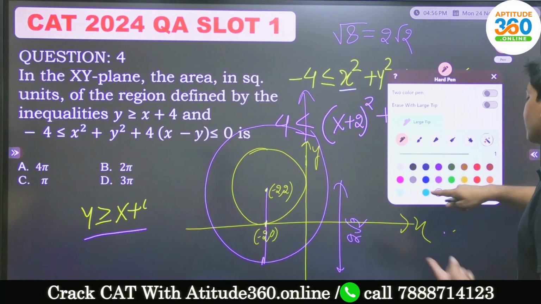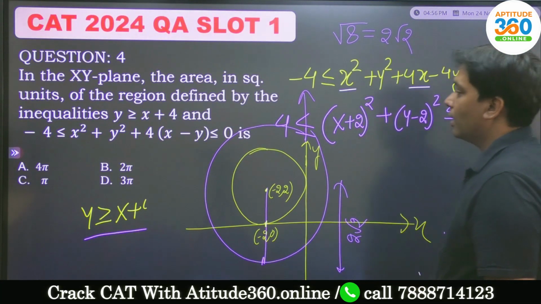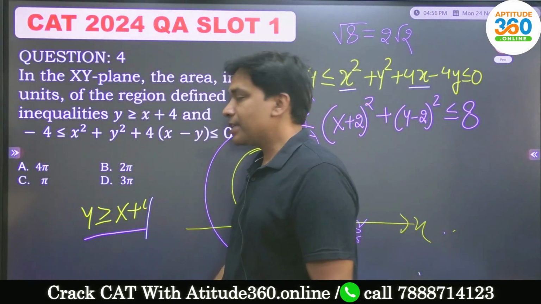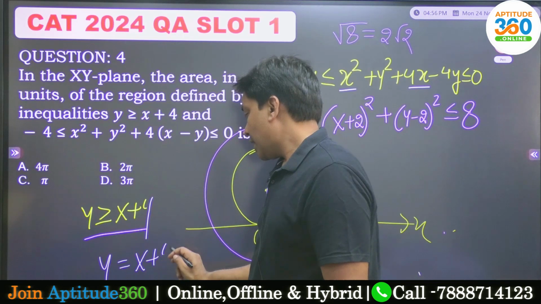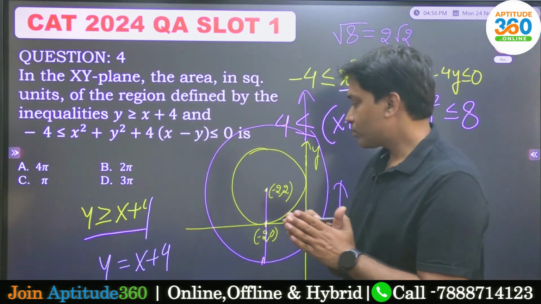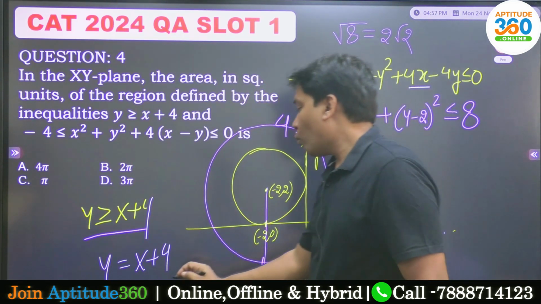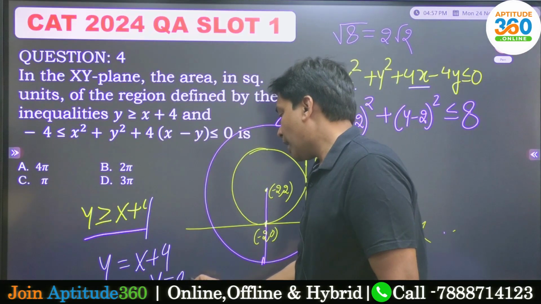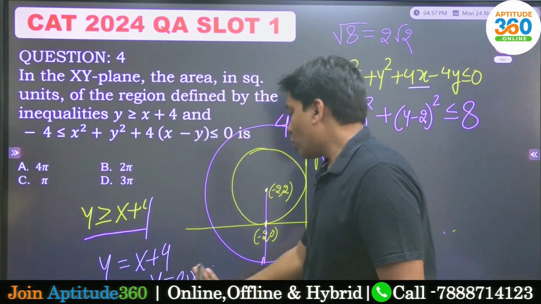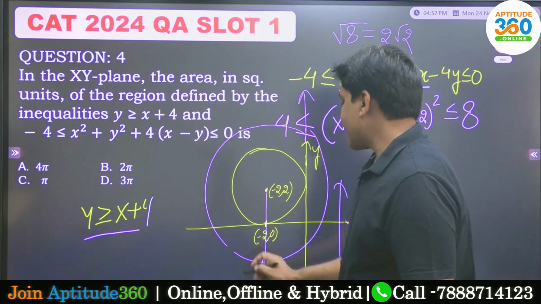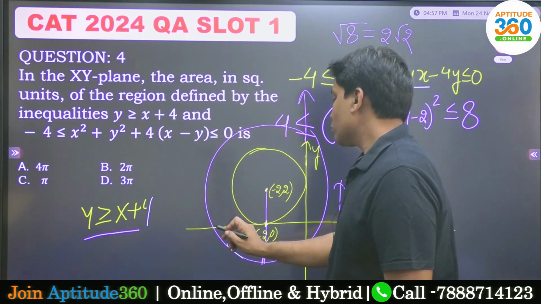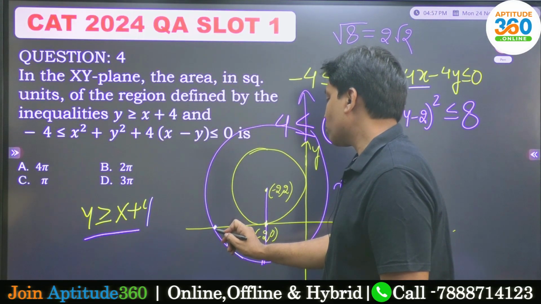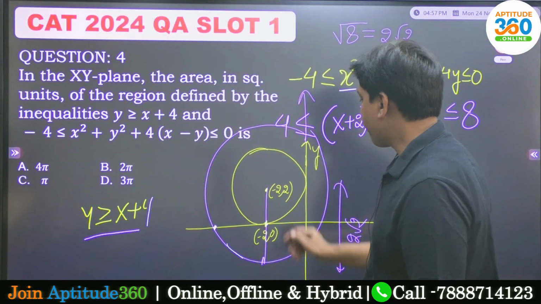Now we have another thing, which is a straight line, y is equal to x plus 4. How are we going to draw this? When y is 0, x is -4. So on the x axis, it is going to be passing through -4. So from here, it is going to pass through something like this.